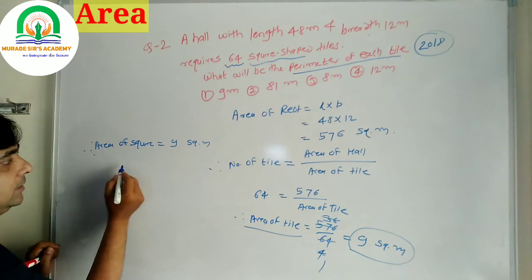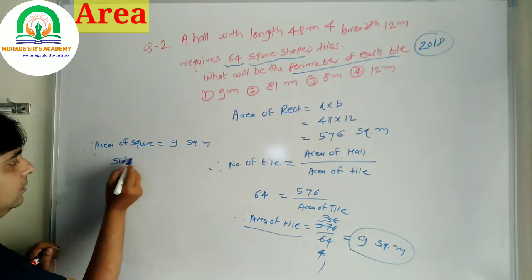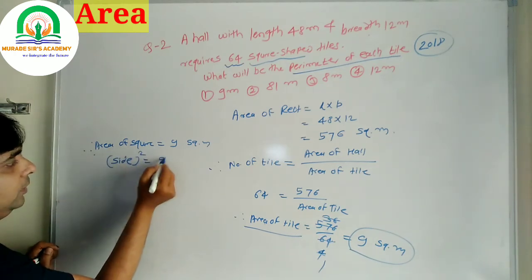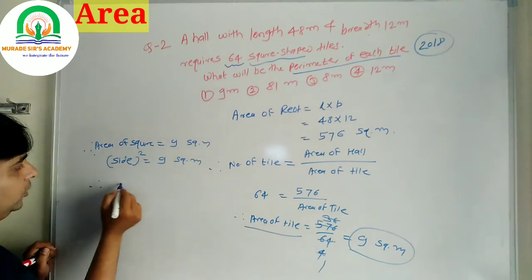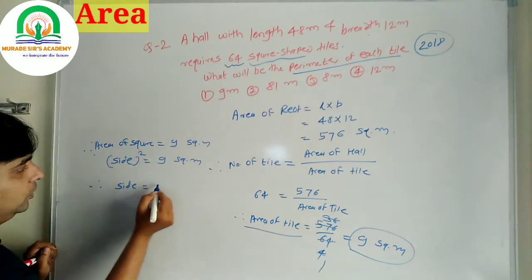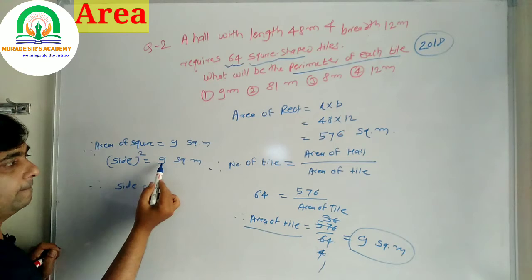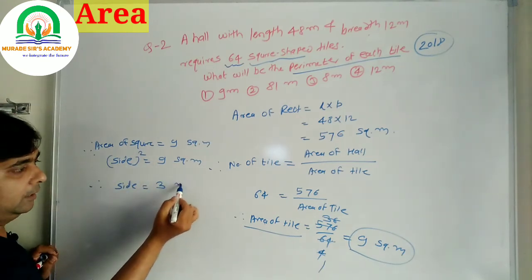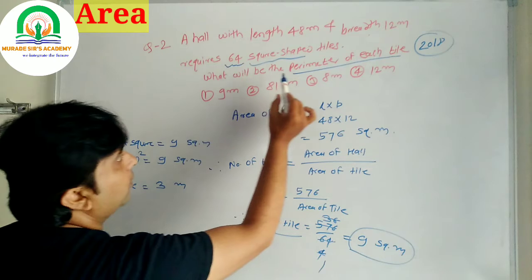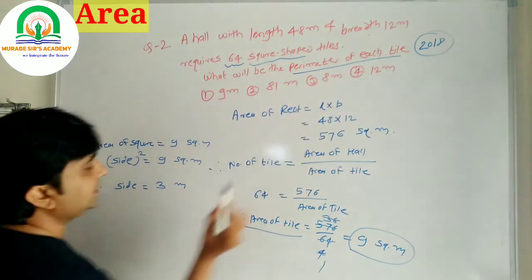Area of square means side squared is equal to 9 square meter, so one side is equal to the square root of 9, which is 3 meter, and we want to calculate the perimeter of each tile.